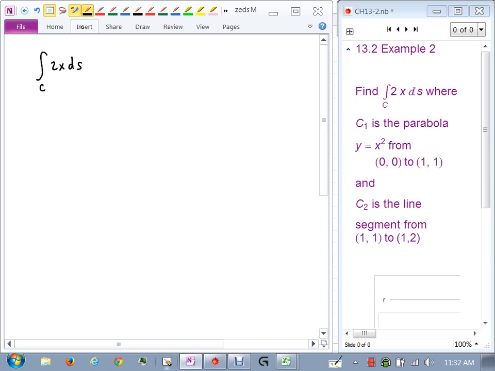Now, I gave you the picture, but let's act like we didn't have that picture. We have the parabola y equals x squared going from (0, 0) to (1, 1). So that's C1 right there. And C2 is the line segment that goes from (1, 1) to (1, 2).